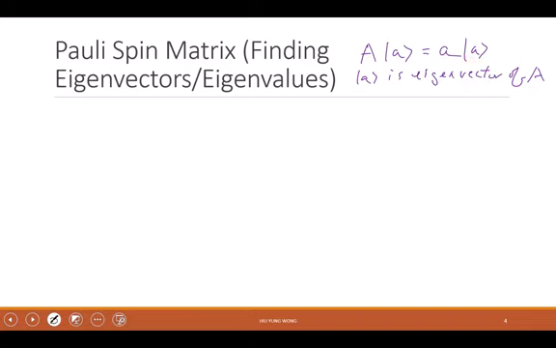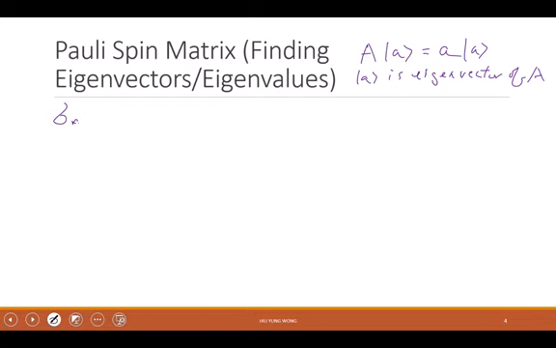Okay? So let's try to find the eigenvalue of sigma x. We just showed that spin up and spin down are not the eigenvectors of sigma x. Then what is the eigenvector of sigma x? Let's try to find it. So I will first set up an equation: sigma x, just like A, is a matrix.